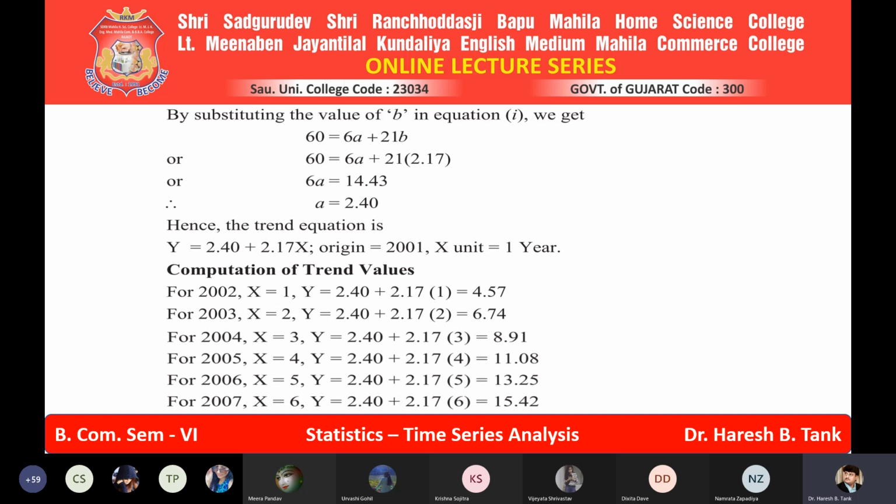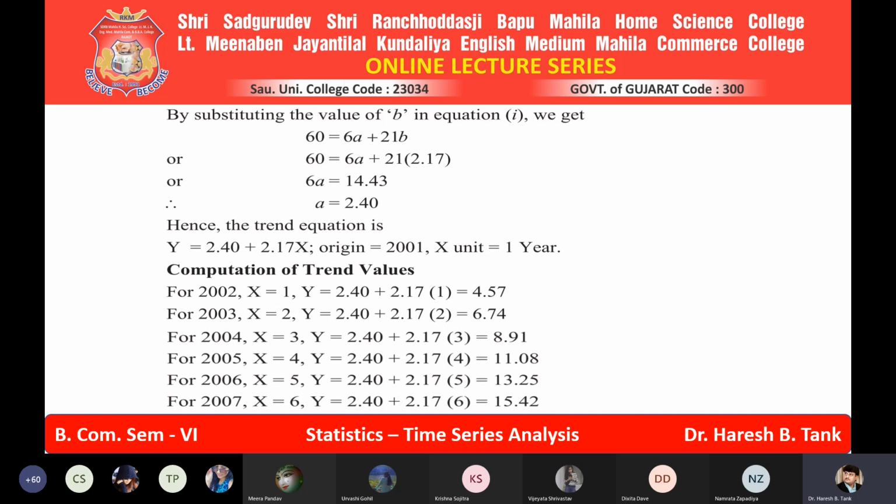Whenever you write down this linear equation, you have to put all the other clarification. With this equation, your origin was 2001. Your x unit, if you put it on a graph paper, what was your x unit? It is differences of 1 year. So x unit is 1 year.